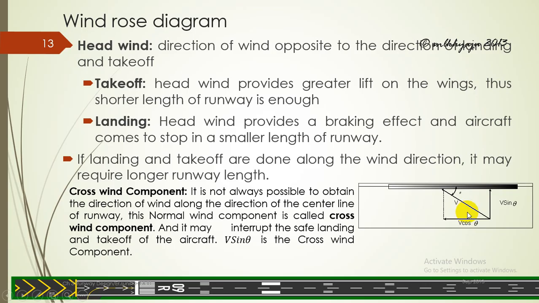Then there are two components, that is a V sin theta component and V cos theta component. Here V cos theta is the component of wind along the direction of runway, that is taken as the headwind. And similarly, V sin theta component is perpendicular to the runway, and this component V sin theta that is perpendicular to the runway is called the crosswind component.